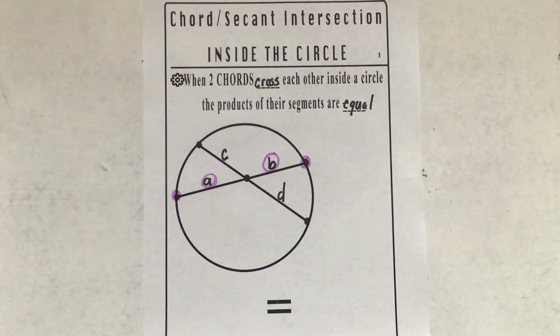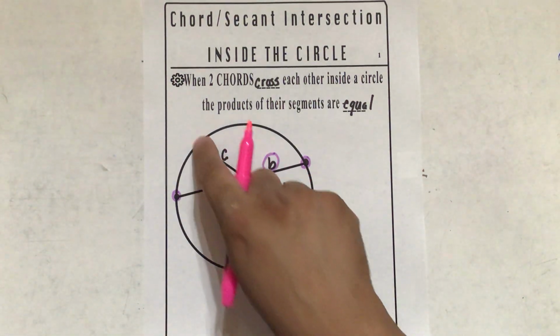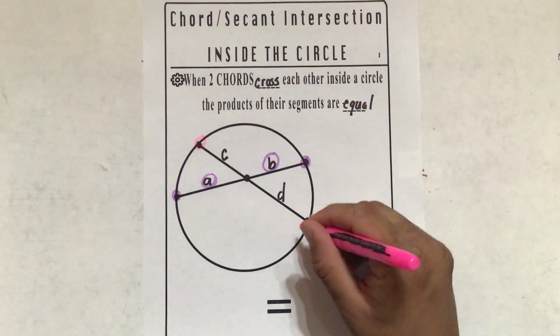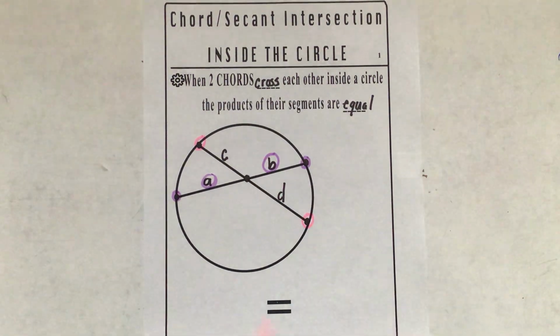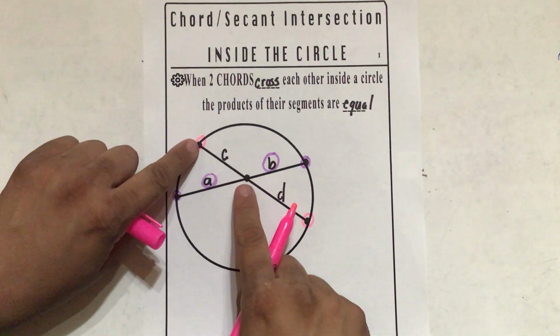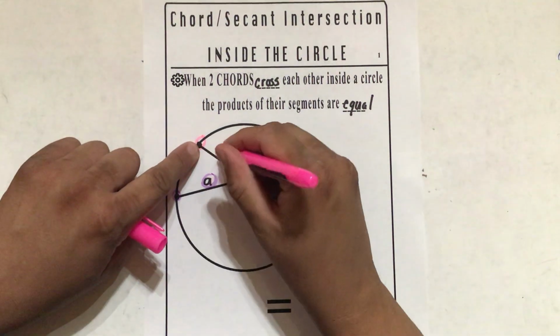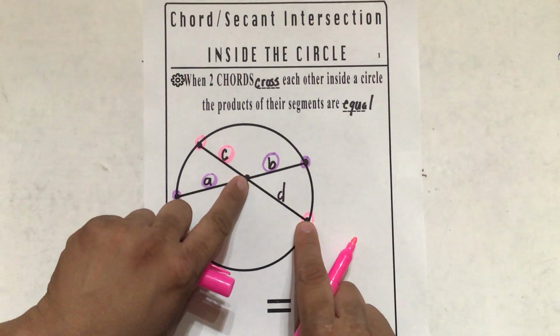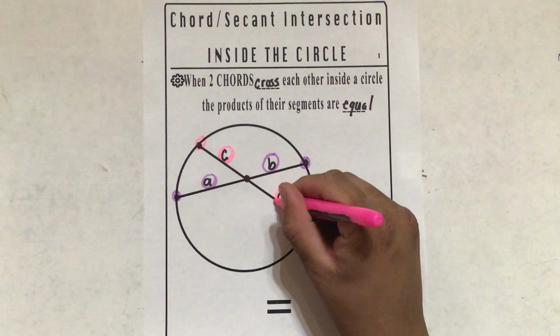Then I'm going to call this chord here pink. So from here to this point is C, and from this point to that point is D.